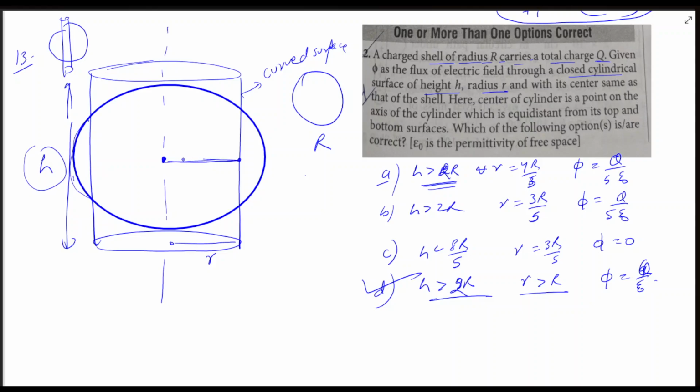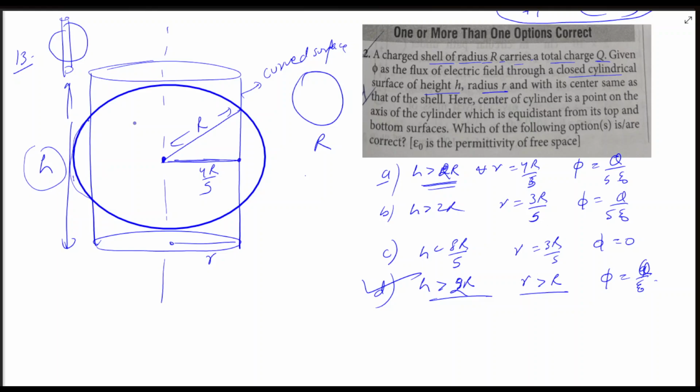So this is our 4R by 5, and this will be R. We just need to find the part which is inside the circle.